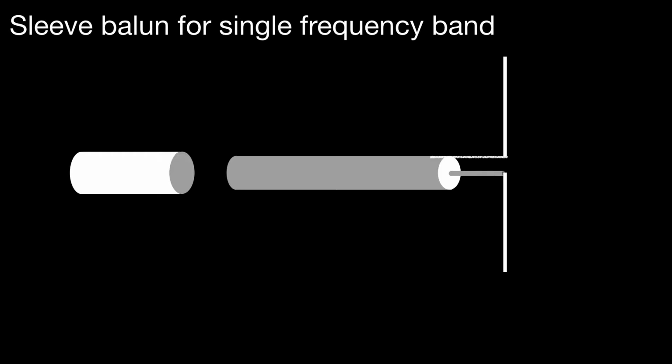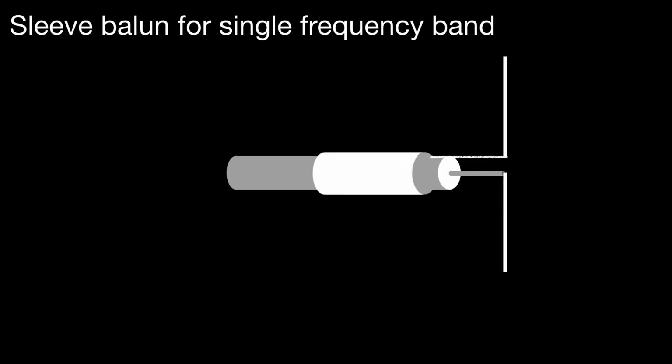A wider diameter braid, perhaps harvested from a piece of coax of slightly greater diameter, is cut and slid over the original coax. And this is soldered at the point shown by the yellow dot to the inner braid. So we've got the outer braid and the inner braid, and they're soldered at this point, joined together.